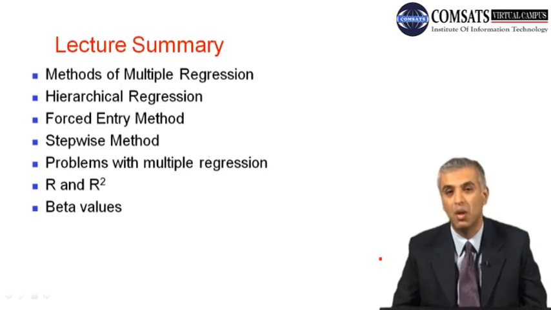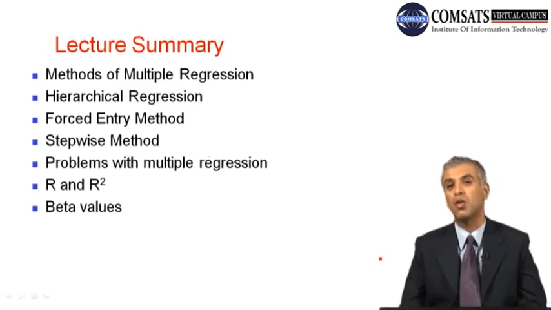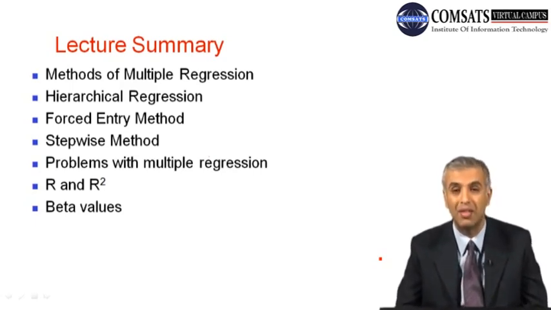In hierarchical regression, partial correlation is considered first, and afterwards semi-partial correlation is taken into view while considering the impact of the independent variables on the dependent variable.